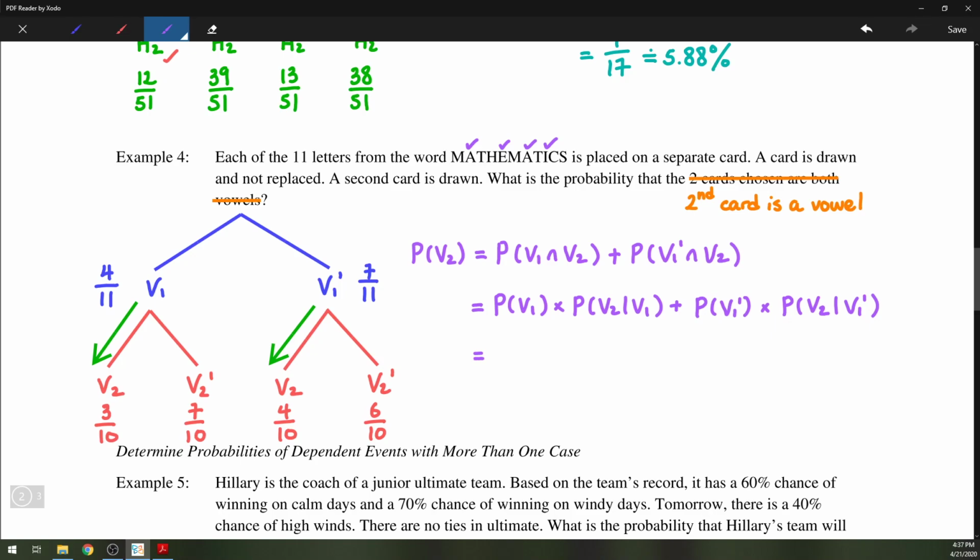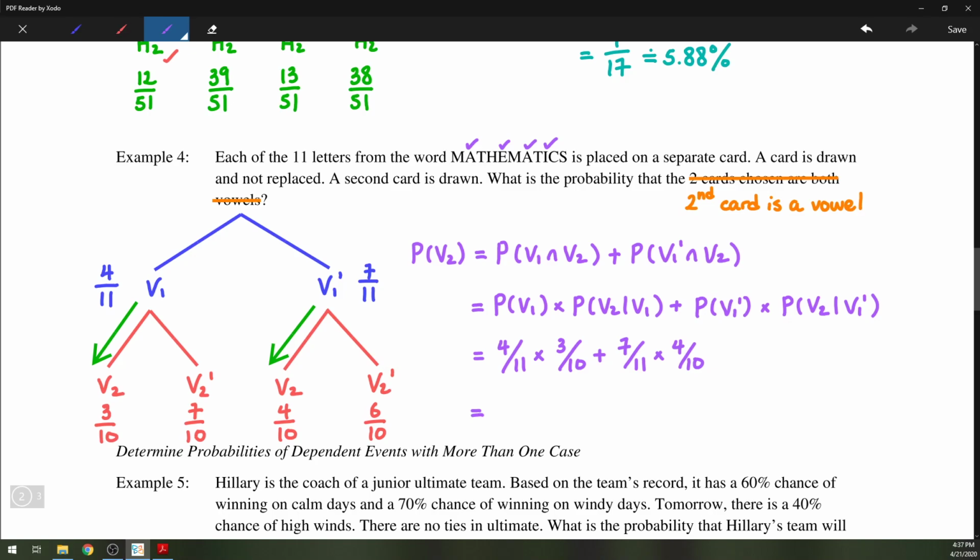The probability of drawing the vowel the first time is 4 out of 11. Drawing a vowel again will be just 3 out of 10. Now the probability of not drawing a vowel the first time is 7 out of 11. And then the probability of drawing a vowel the second time will be 4 out of 10.